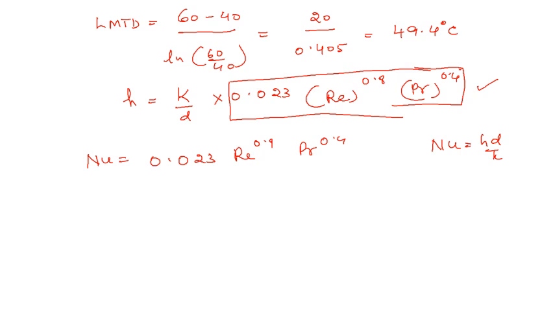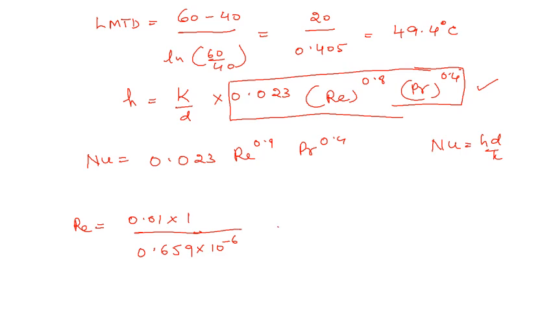So once that is done, I need to find out the Reynolds number, which is unknown here. Reynolds number is diameter, that is 0.01, into velocity, that is 1, by the kinematic viscosity, 0.659 into 10 to the power minus 6.